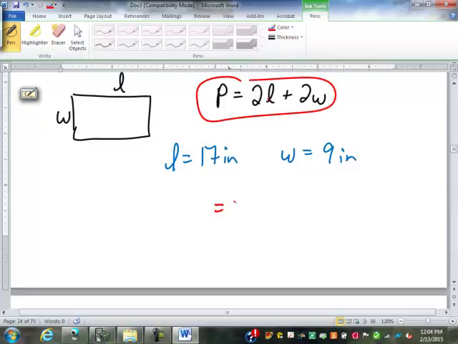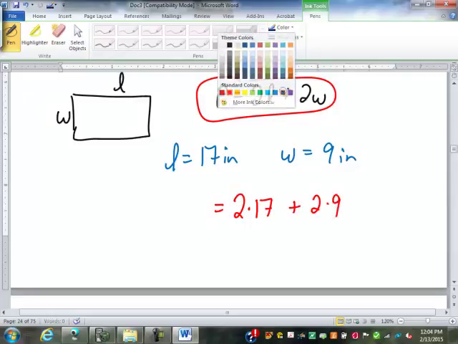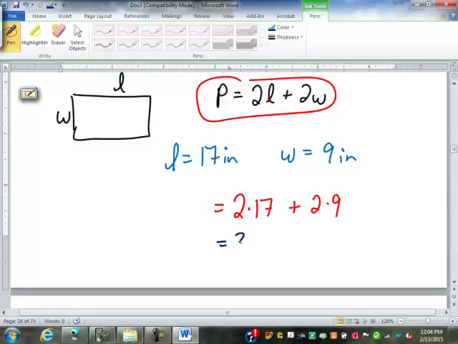So I replace L with 17 and W with 9. 2 times 17 is 34. 2 times 9 is 18. And then we add 34 plus 18, which is 52. So the perimeter is 52.